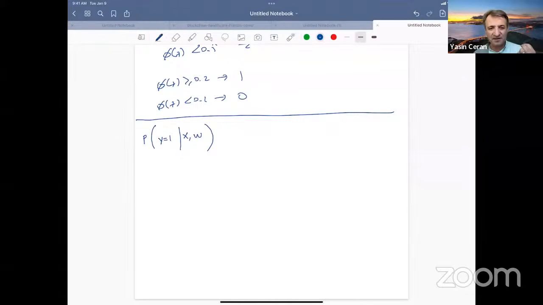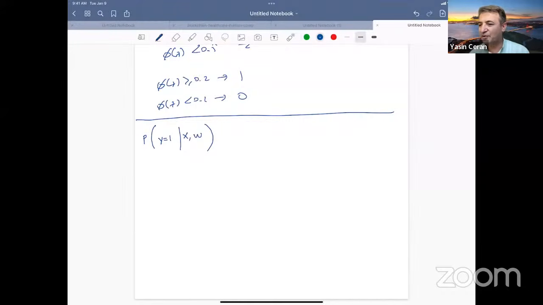Somebody gave me X. Somehow I got a set of coefficients for this X. I multiply each X with its corresponding W and then sum that up. That is my decision function value. Given this decision function value, what is the probability that my decision is going to be 1? That is what I'm interested in.